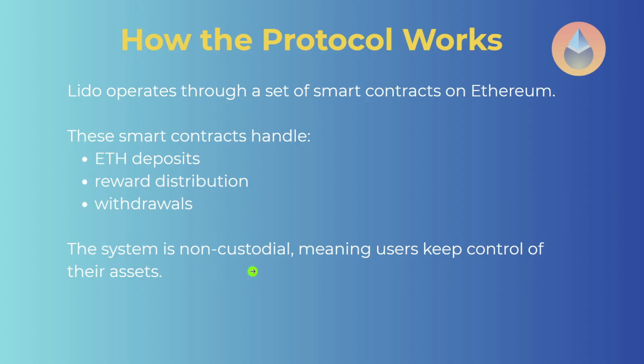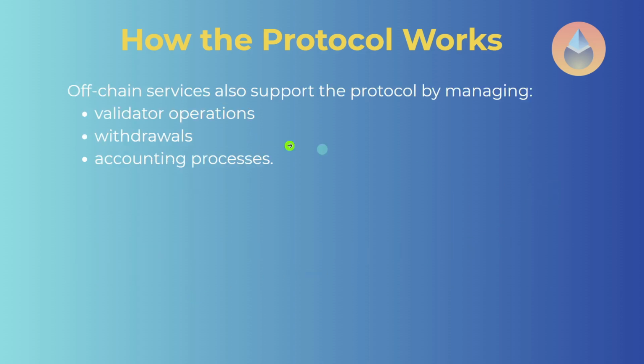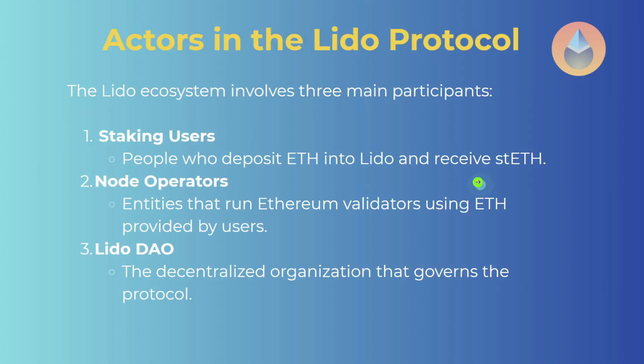The system is non-custodial, meaning that users keep control of their assets. So in this case, I'm not trusting a third party, but I'm trusting the smart contract that works fine. Off-chain services also support the protocol by managing validator operations, withdrawals, and accounting processes.